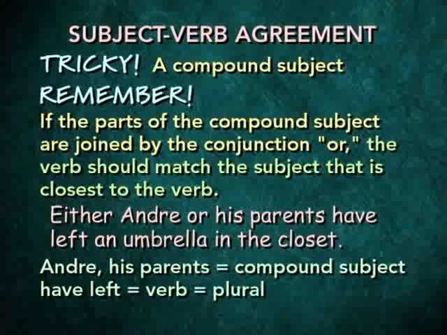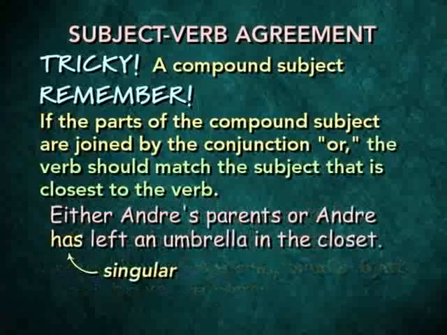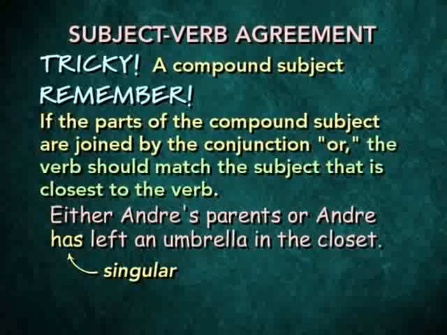What does this mean? It means that if you were to reverse the order of the parts in the compound subject in this particular sentence, the verb would have to change. So if the sentence were changed to read like this, either Andre's parents or Andre, then the verb would have to be has left.